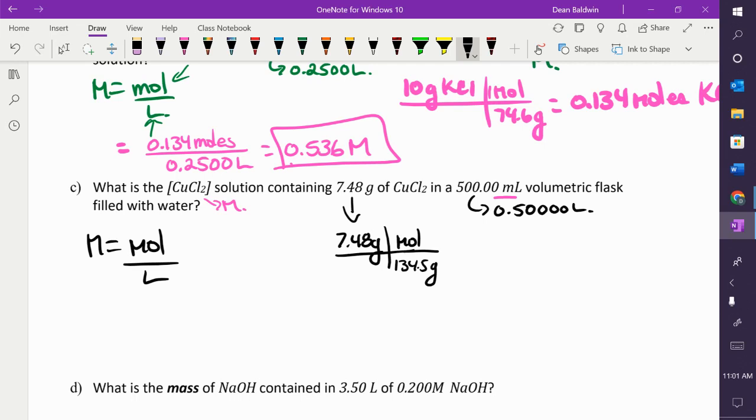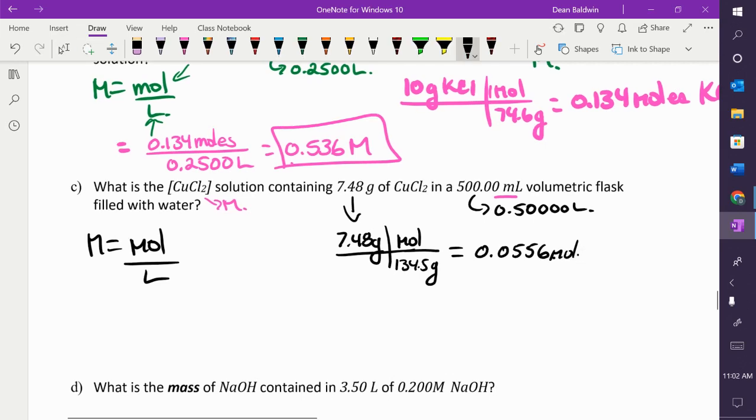So 7.48 grams, 1 mole's 134.5. So if you divide those, you're going to get 0.556 moles of copper chloride.